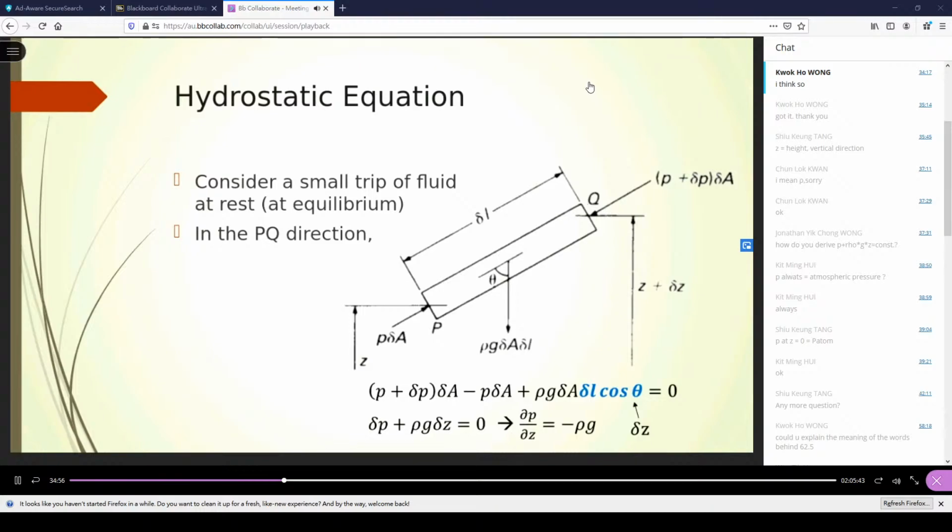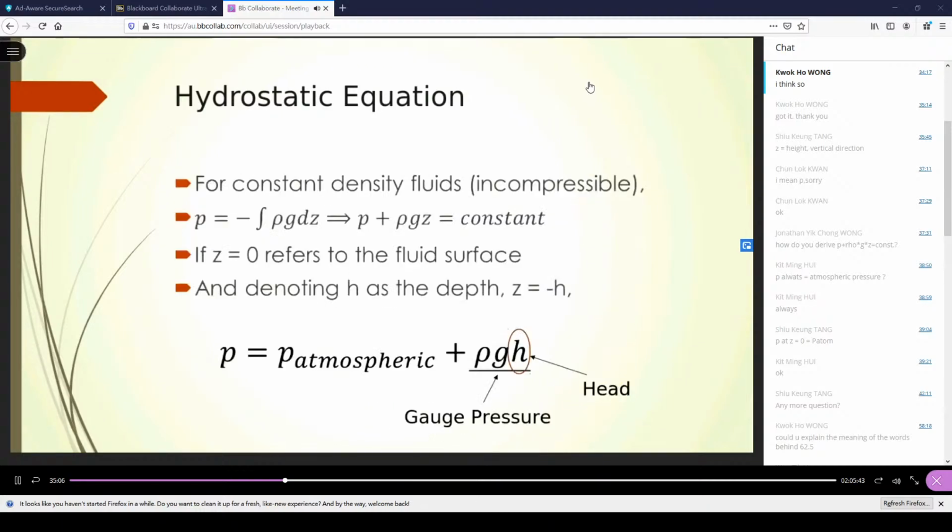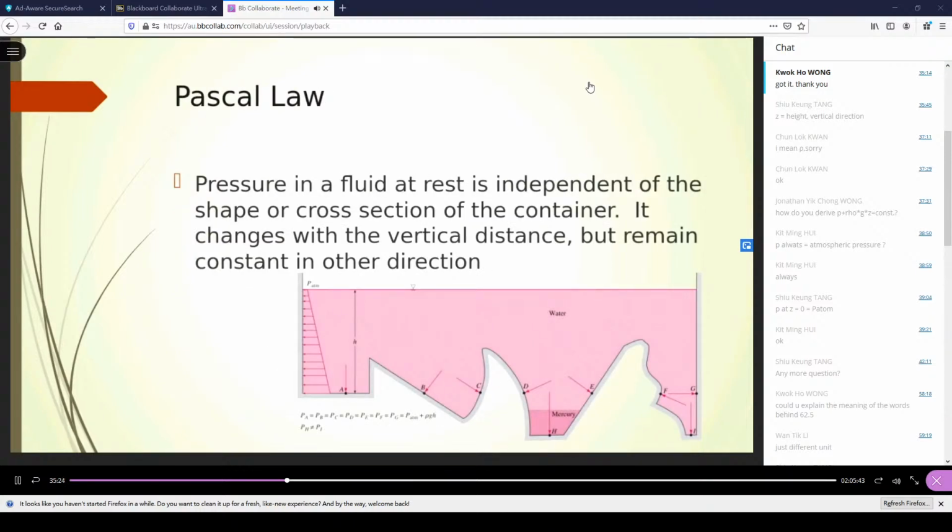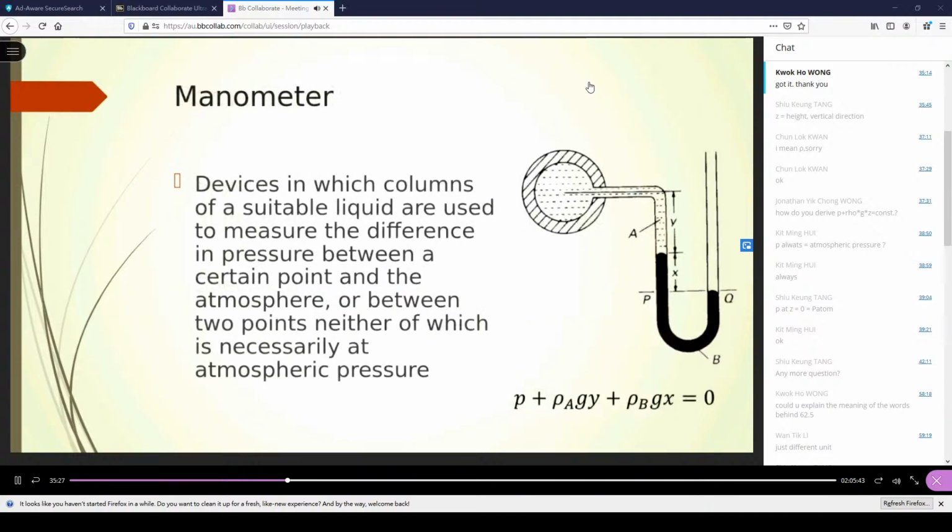Z is height, and it depends on height. But again, height is relative. Z is the direction, in the vertical direction. Z is height, the vertical direction in our case.